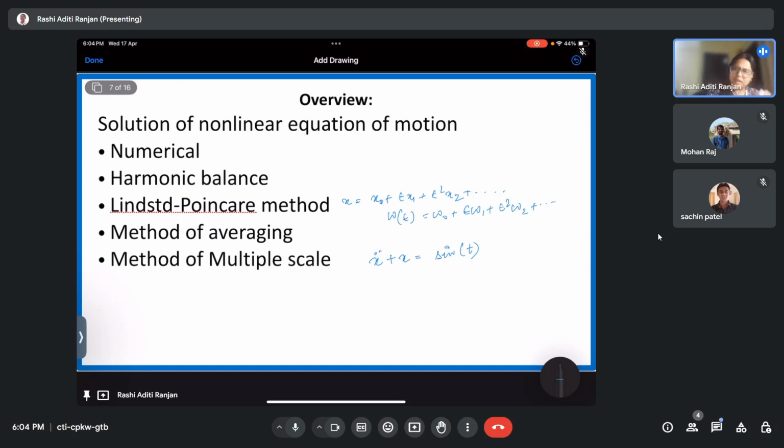Whatever the complementary solution, if I talk about the particular integral, we write sine of t divided by (D square plus 1), and then we replace D square by minus 1. So it becomes sine of t by 0, which is undefined, which is not correct.